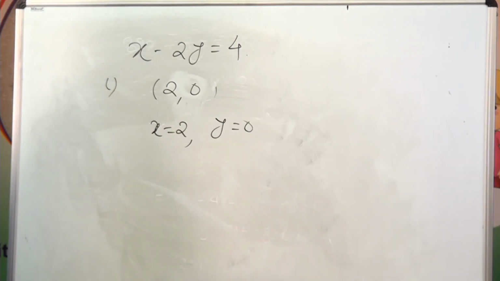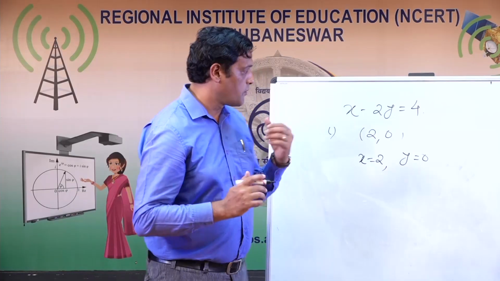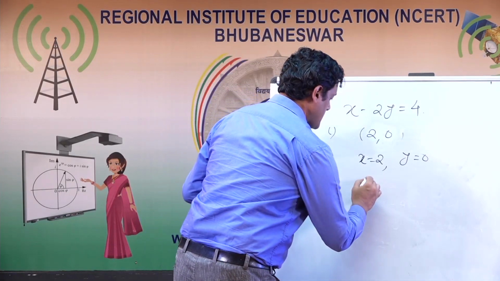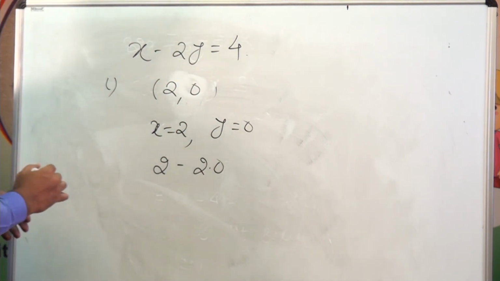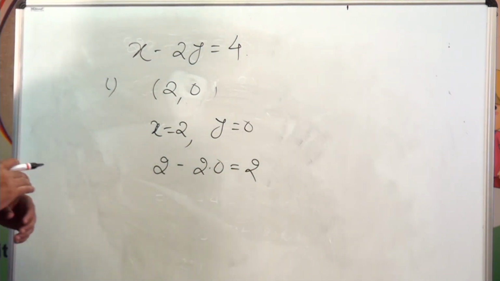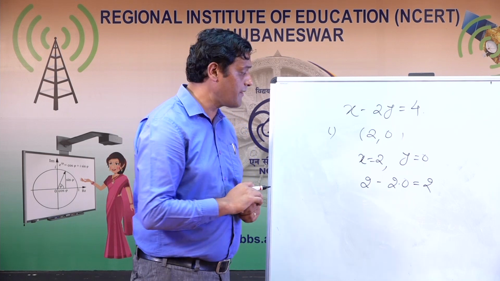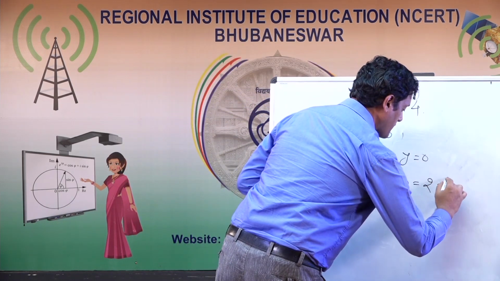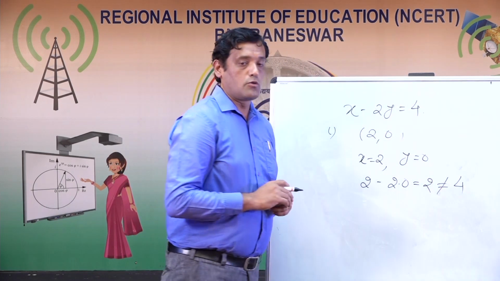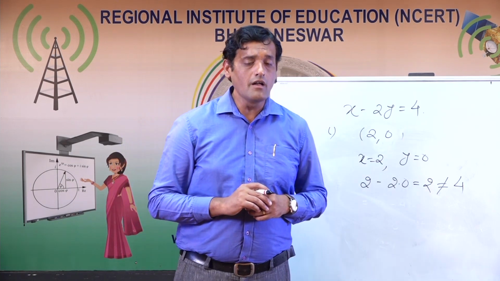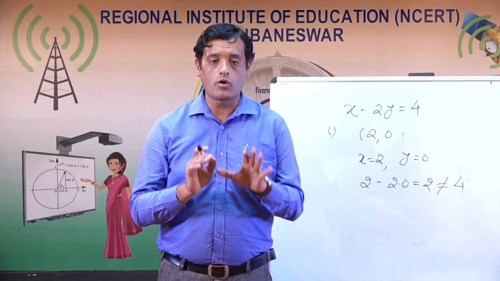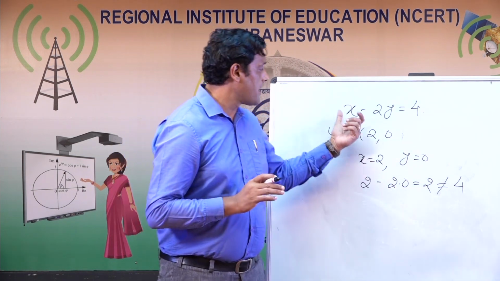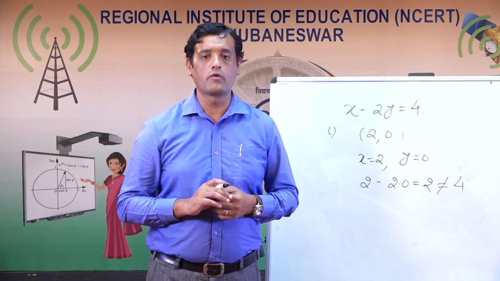As we put x equal to 2 and y equal to 0, we will have 2 minus 2 into 0 equal to 2. So again it is not equal to 4. What does it mean, children? It means that 2 comma 0 is not a solution of the equation x minus 2y equal to 4.